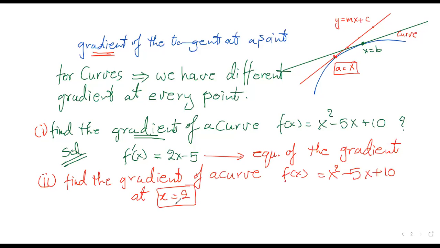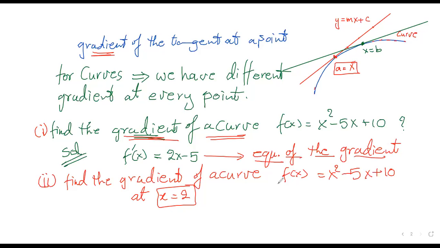This makes it clear that he wants it at a point. In general, finding the gradient of the curve, there is no fixed gradient to the curve as we know. Every point has a different gradient, but there is an equation of the gradient.